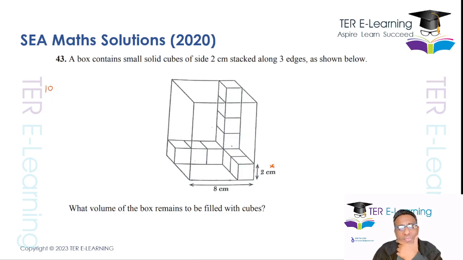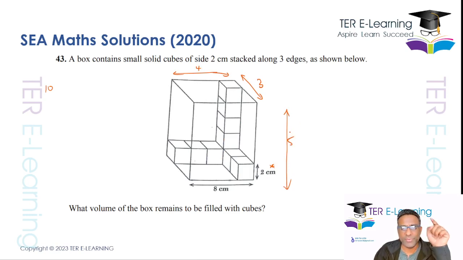Now we want to fill the box. So let's see how many cubes we need in total. If we go this way, you're going to need 3 cubes. When you go this way, you're going to need 4 cubes. And when you go this way, you're going to need a total of 1, 2, 3, 4, 5 cubes.